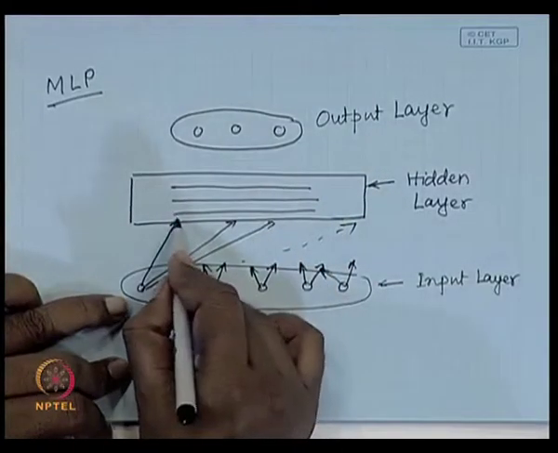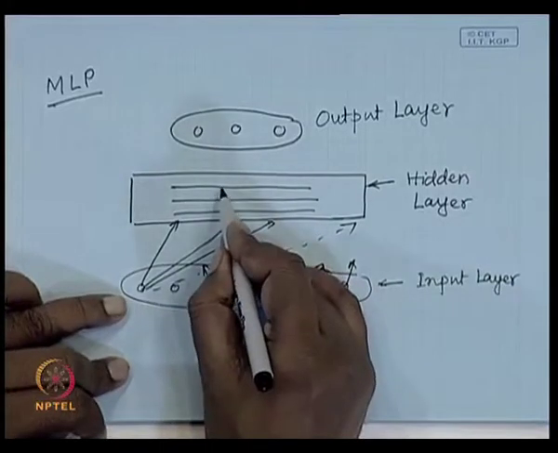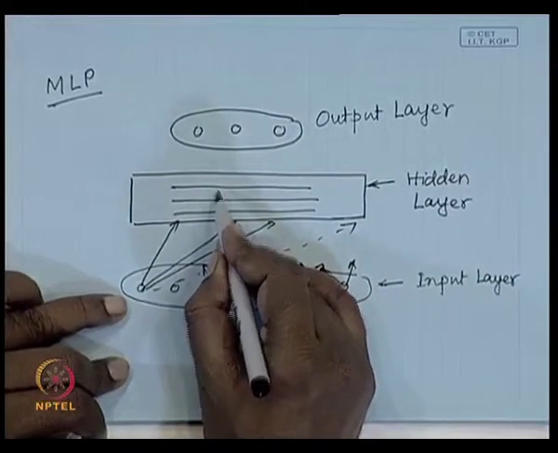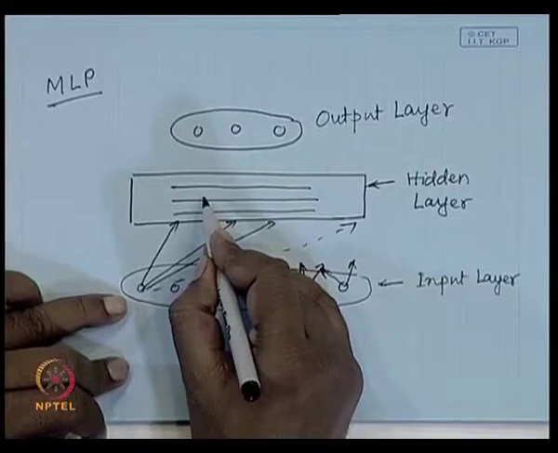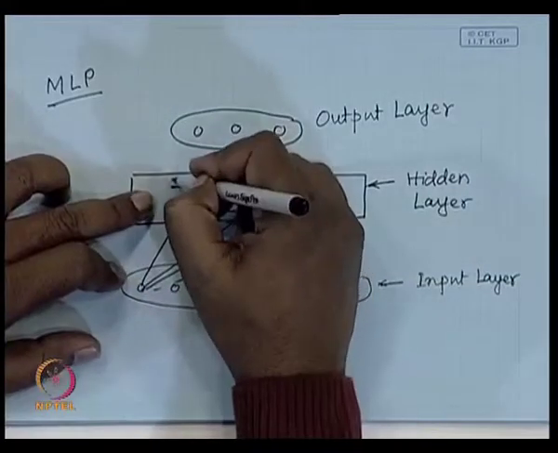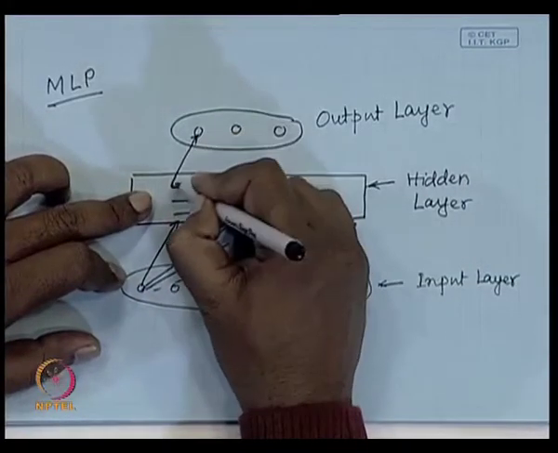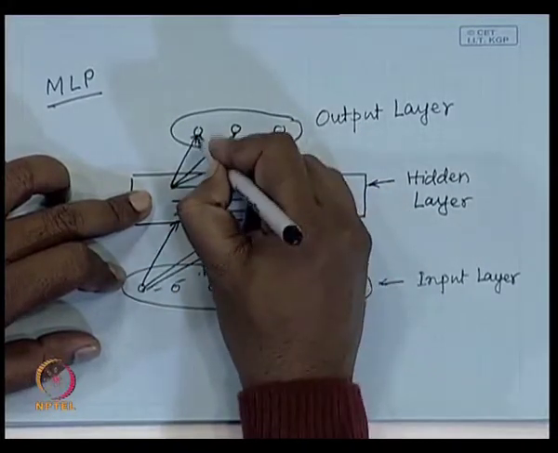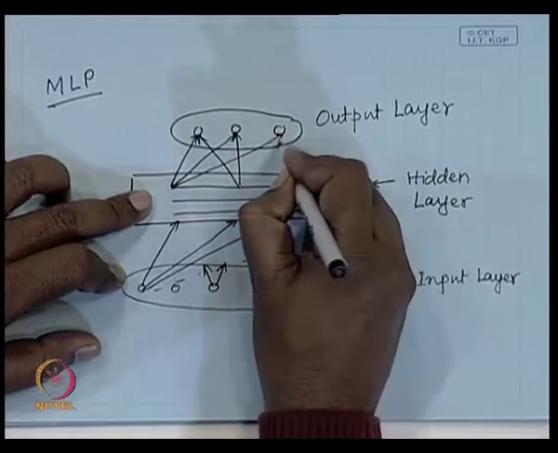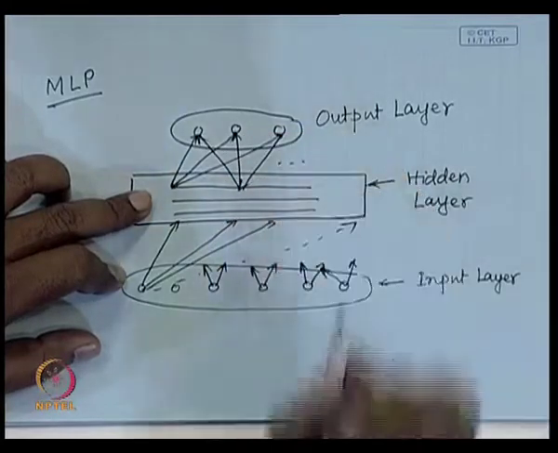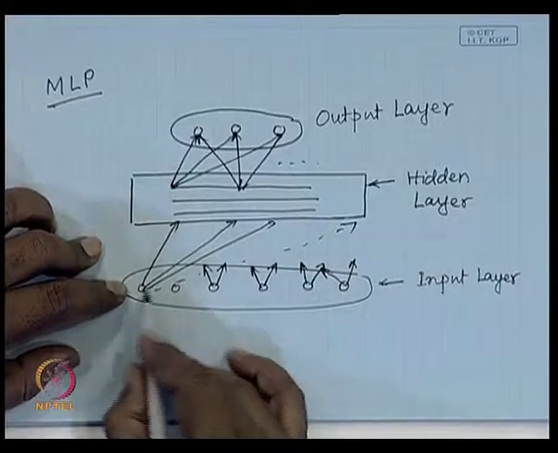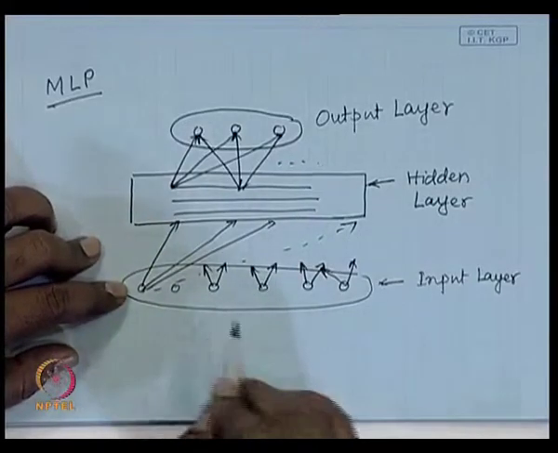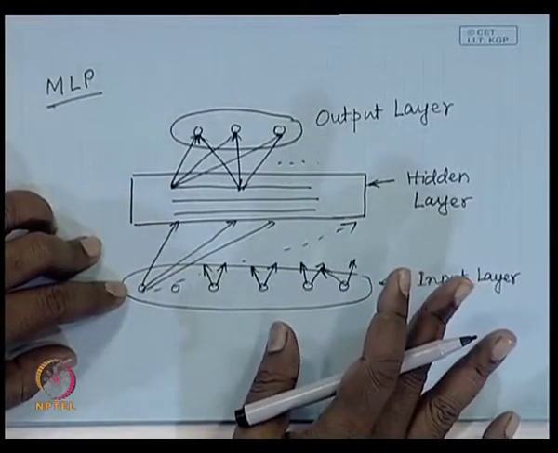Similarly, from the ith layer to the (i+1)th layer, every node has a connection. Similarly, from every node on this layer, I have connections to every node in the output layer. This way it continues, and each such connection has an associated weight with it.